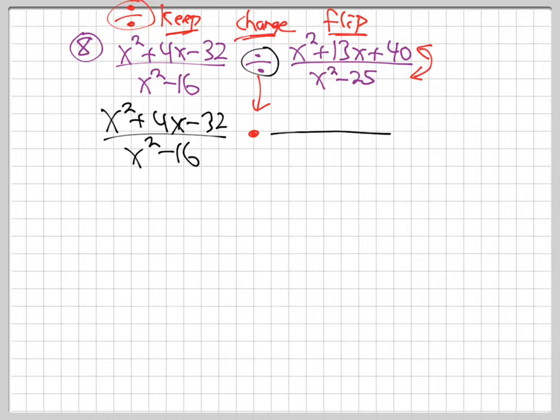And then you flip the one on the right. Keep, change, flip, because dividing is just upside down multiplying. So just upside down multiply. And now we're back to multiplication. We just did like 6 of those. You know how to do multiplication of 2 fractions. Now that we're out of the dividing world and we changed it to times, you know how to do it, right? What do we do now?